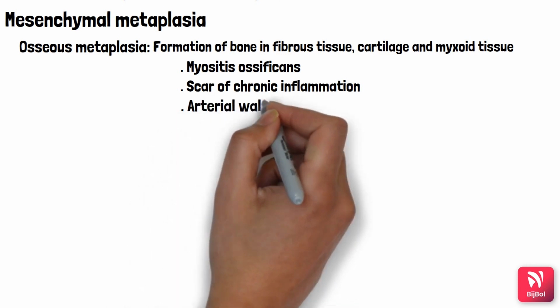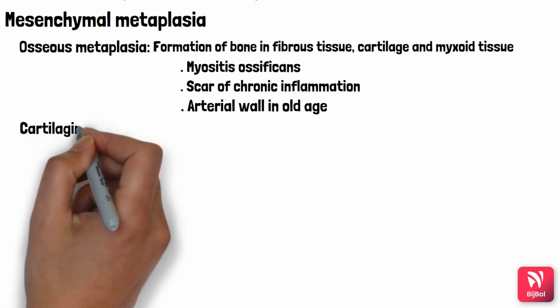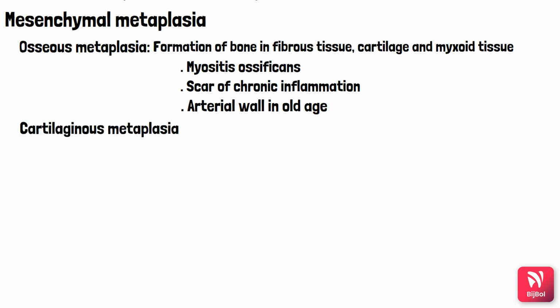Even in the arterial wall in old age, that is in Monckeberg's sclerosis, osseous metaplasia will occur.